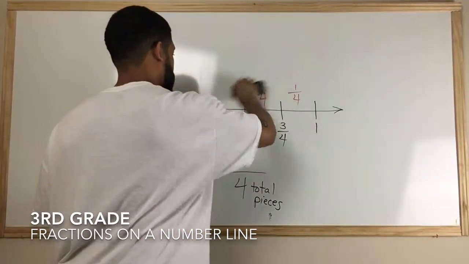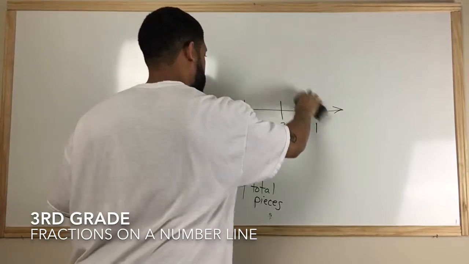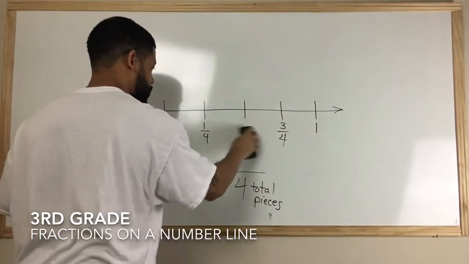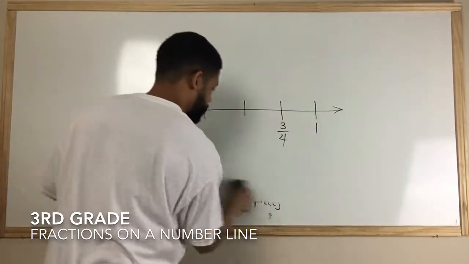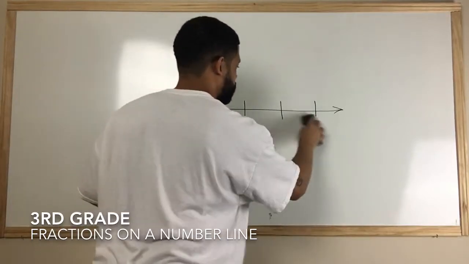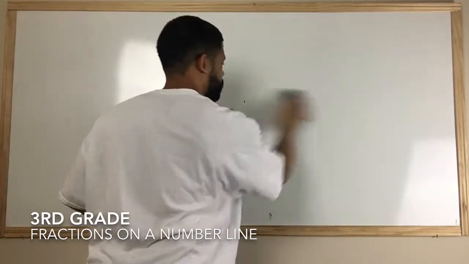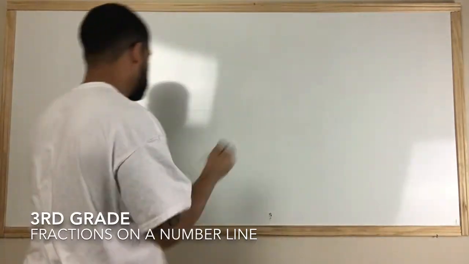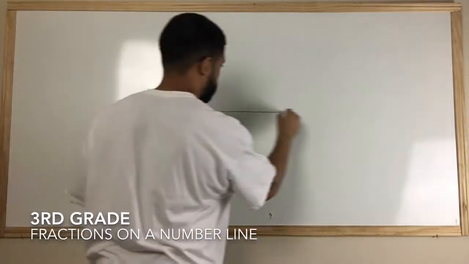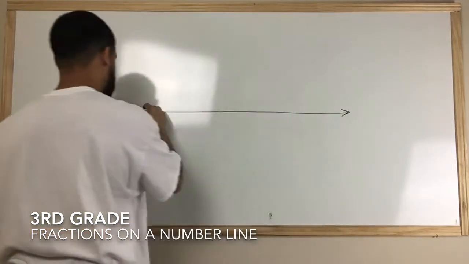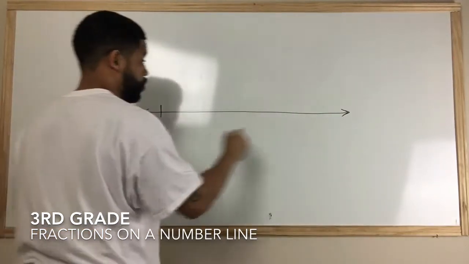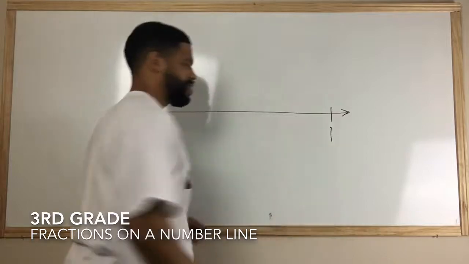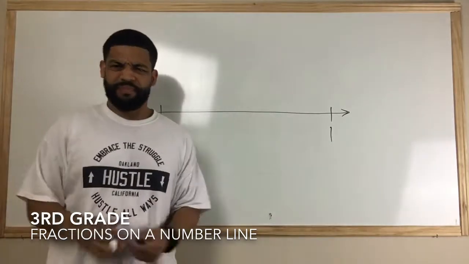Let's take those numbers off and redo the entire thing. Number line once again, 0, 1. Let's go bigger.